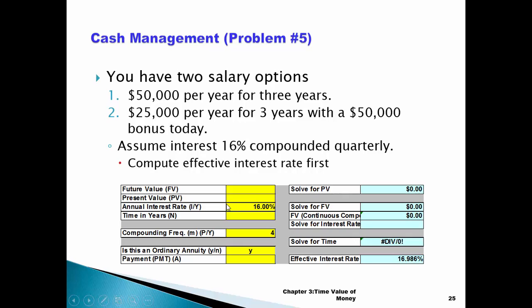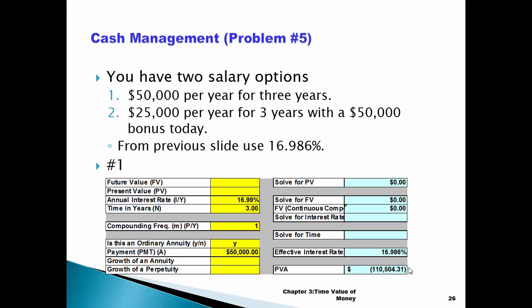Well, 16% quarterly is an effective interest rate of 16.986%. So we want to use that as our interest rate because it's going to be on an annual basis, but we have interest that's actually compounding quarterly.